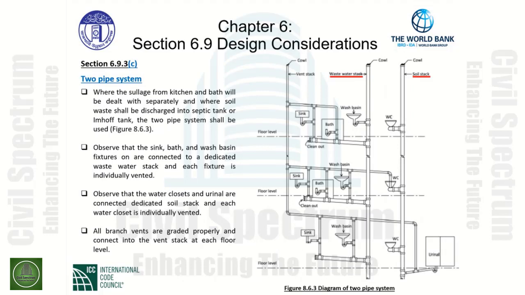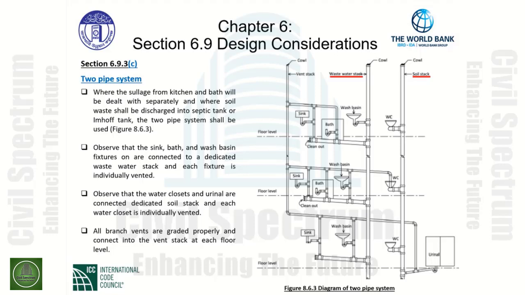Section 6.9.3, item C. This is the two-pipe system, where the sullage from kitchen and bath will be dealt with separately, and where soil waste shall be discharged into septic tank or Imhoff tank, the two-pipe system shall be used.